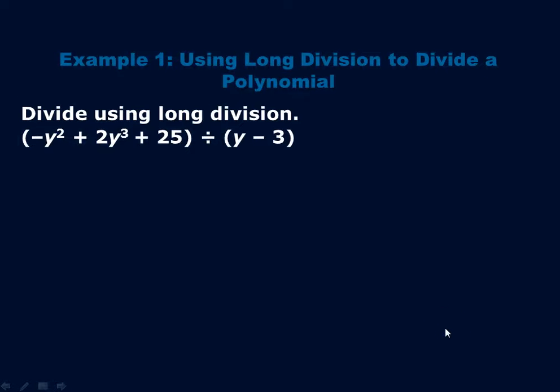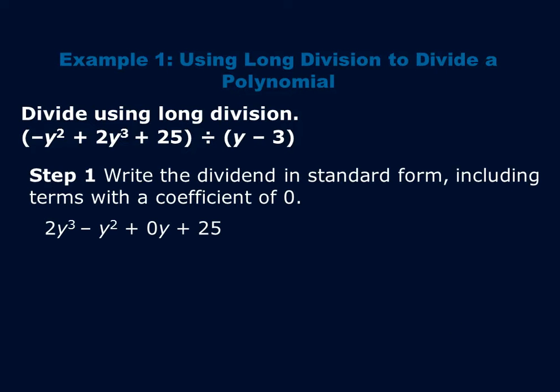Alright, now let's do this step by step so you see exactly what's going to happen. We're going to start with negative y squared plus 2y cubed plus 25 divided by y minus 3. The first thing you want to do is make sure you write the dividend, which is what's being divided, in standard form, including terms with a coefficient of 0 in it.